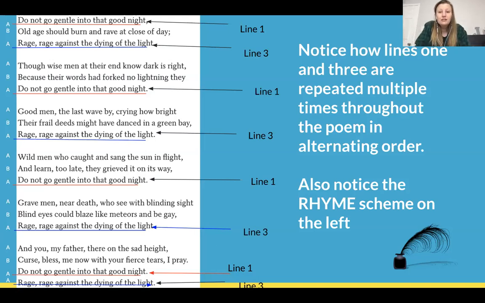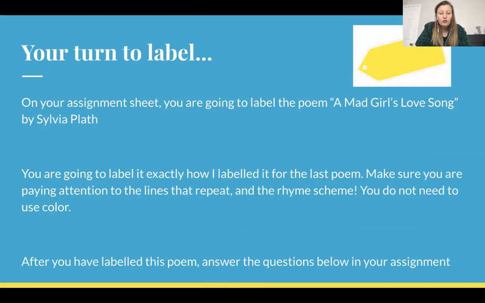Now, I have labeled this like this because I want you to do the same thing with another poem. And I'm going to show you how to do that in just a minute. So on your assignment sheet, you're going to label the poem "A Mad Girl's Love Song" by Sylvia Plath.